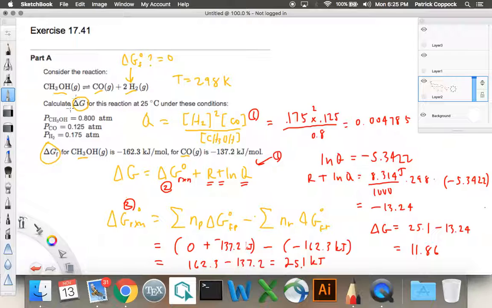We were asked to calculate delta G, and we've got a couple ways of doing that, but with this information, we were given Q. So we calculated Q, and we're given the energies of formation, so we have to calculate the energy of reaction from the energies of formation, which we did here, step 2. So we calculated delta G from getting the energy of the reaction and adding RT ln Q to it. Okay, hope that's helpful.